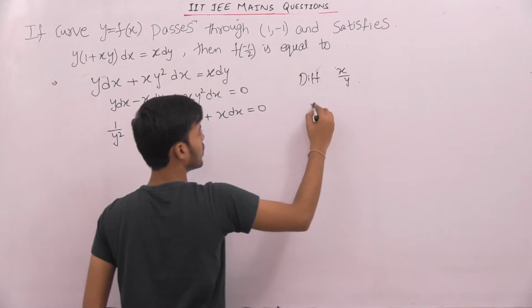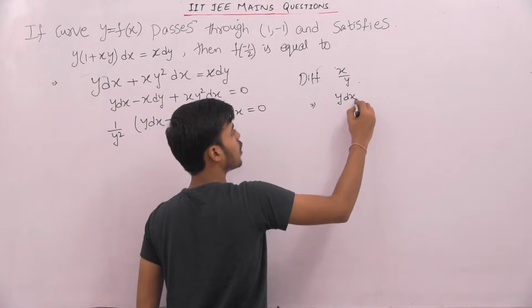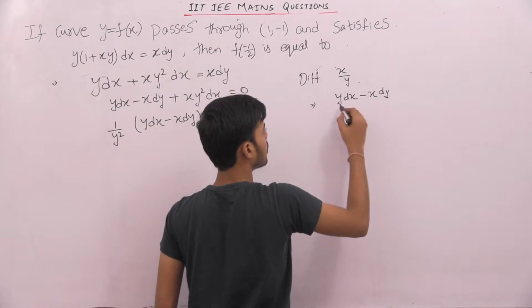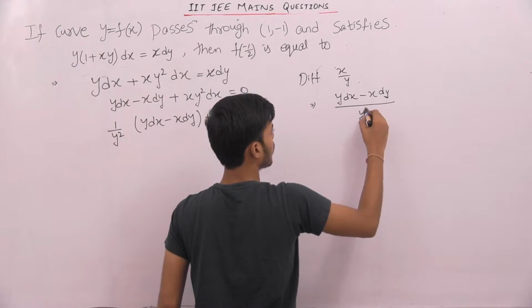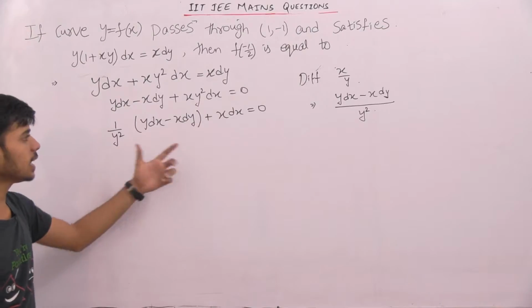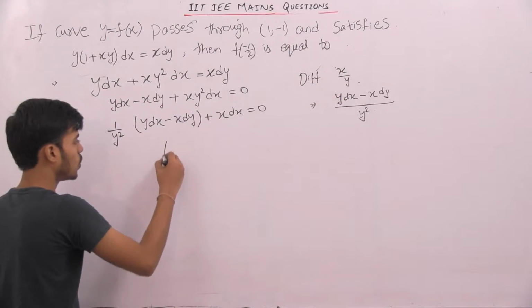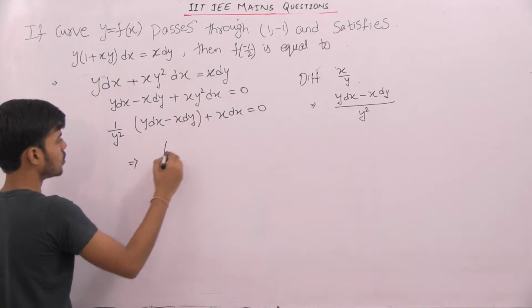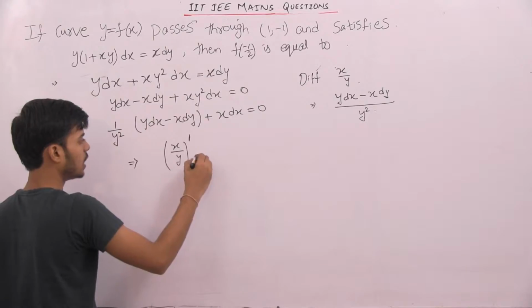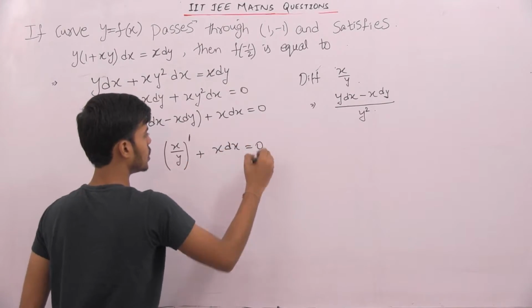For example, we get y dx minus x dy by y square. So it's clearly the differential of x by y. So let's put that information over here, which is the differential of x by y plus x dx equals 0.